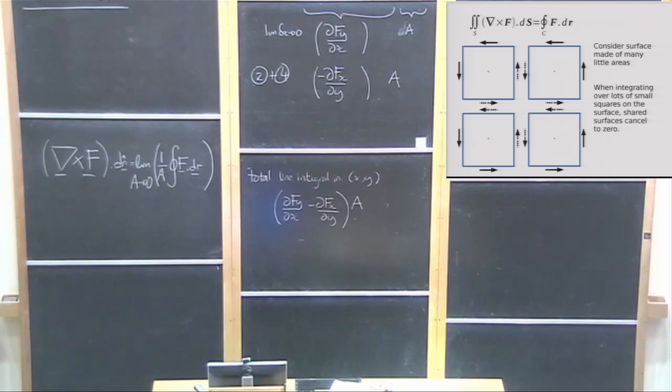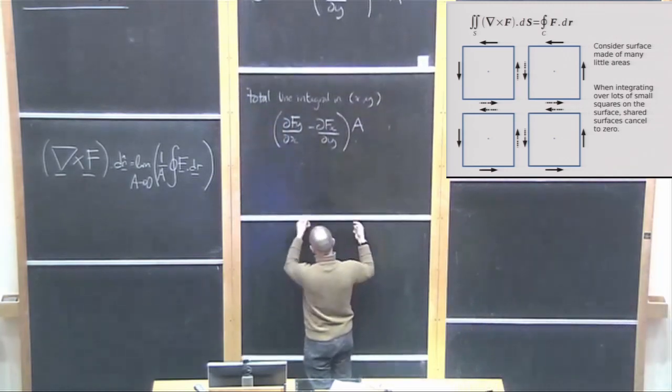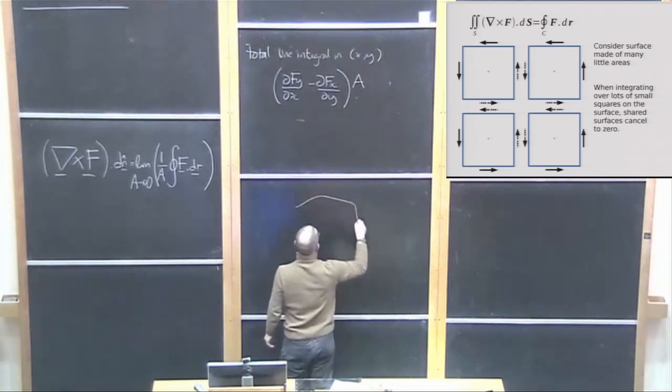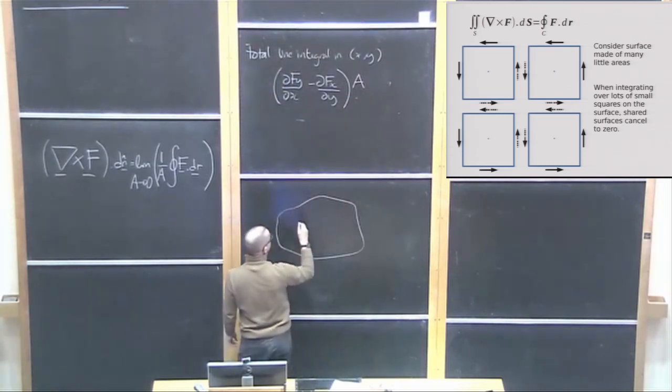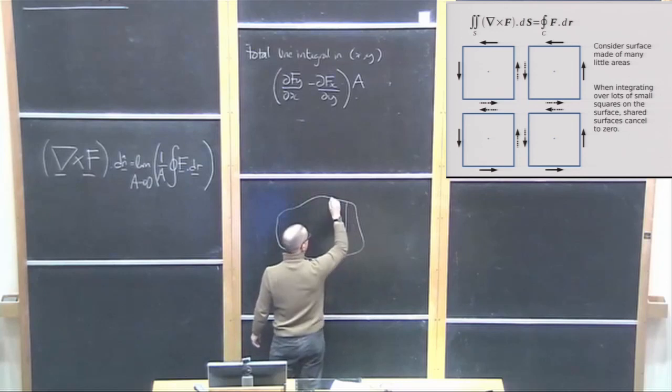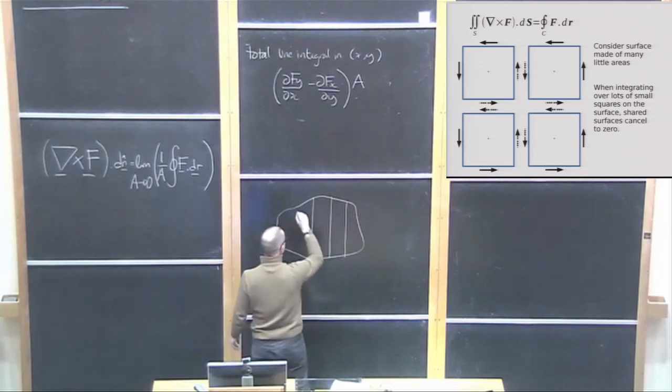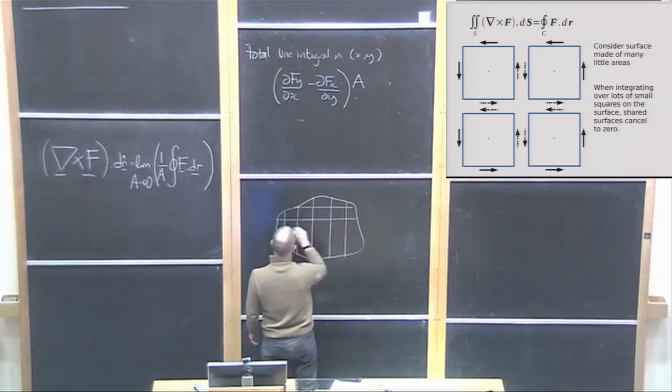So the line integral around here will exactly cancel the line integral around here, and this will cancel with this, this will cancel with this, and the only thing that is left is the line integral around the boundary. So imagine I have some boundary like this, and I break it up into small pieces.